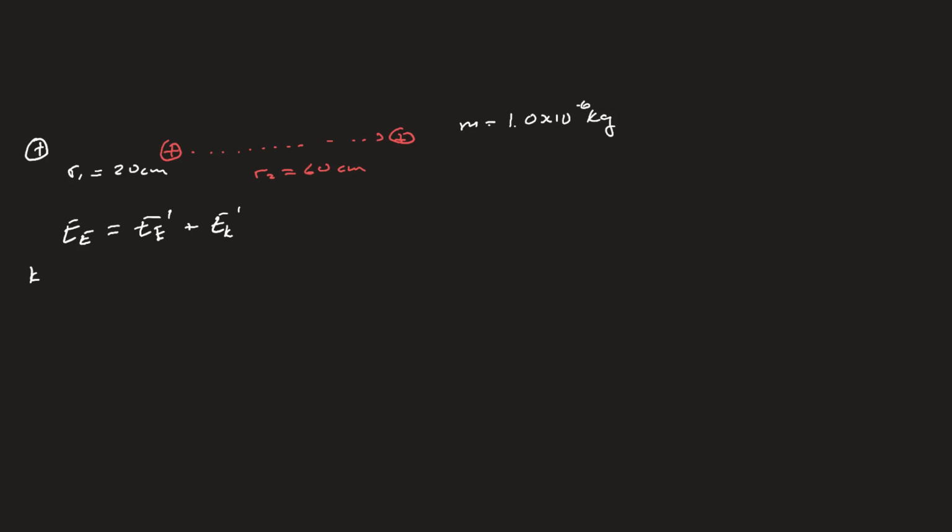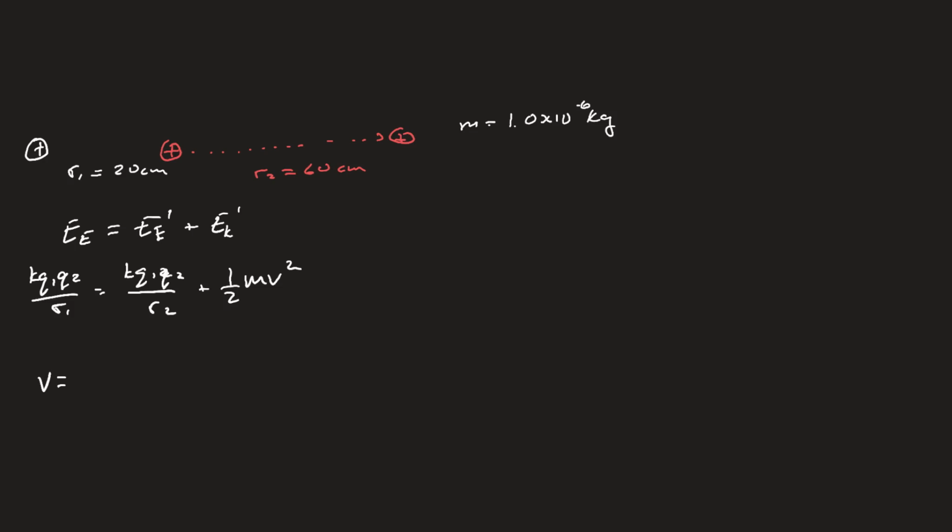So what we have is K Q1 Q2 over R, in this case we've called it R1, is equal to K Q1 Q2 over R2 plus 1/2 mv squared.